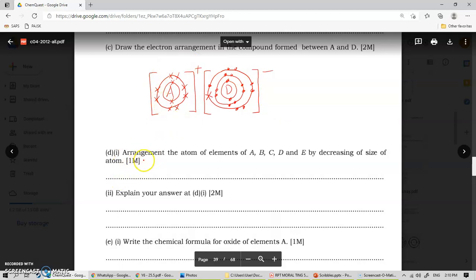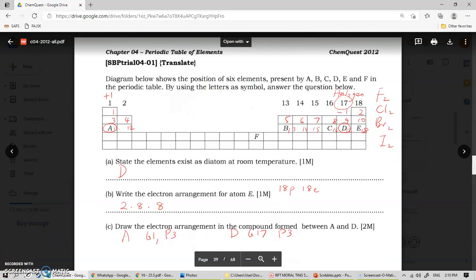Next question, arrange the atoms of elements A, B, C, D, and E by decreasing size of atom. Decreasing means from big to small. We have learned that when we go across a period, the size of the atom will decrease.